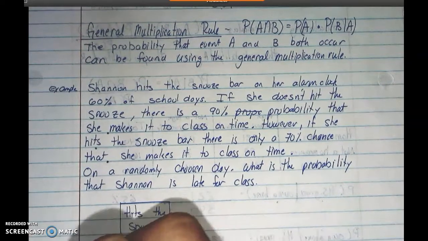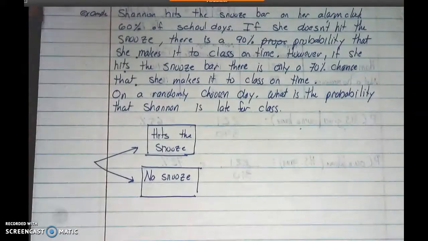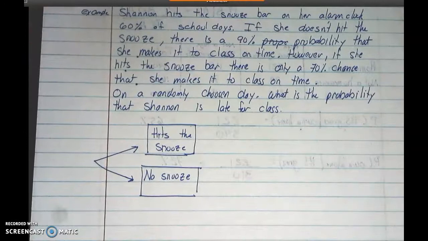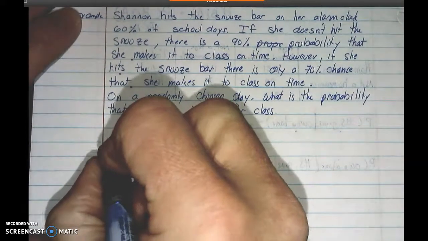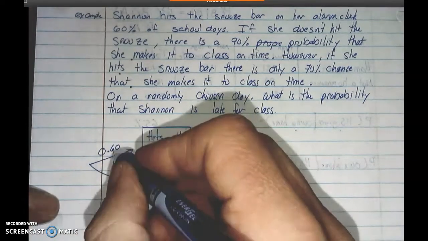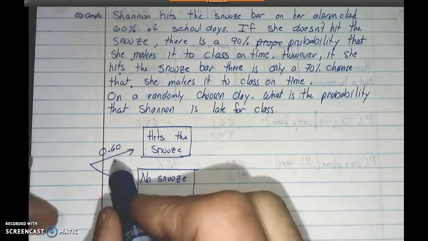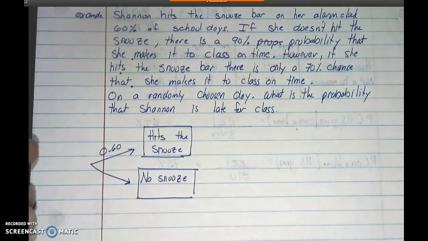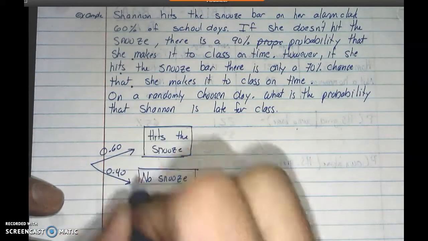So what's her probability of hitting the snooze? 60%. Okay, good. So we're going to put that as a decimal. Anytime we draw these arrows, even if we have 3 or 4 or even 5, it always has to add up to 1. So that means that this is 0.4. Excellent.